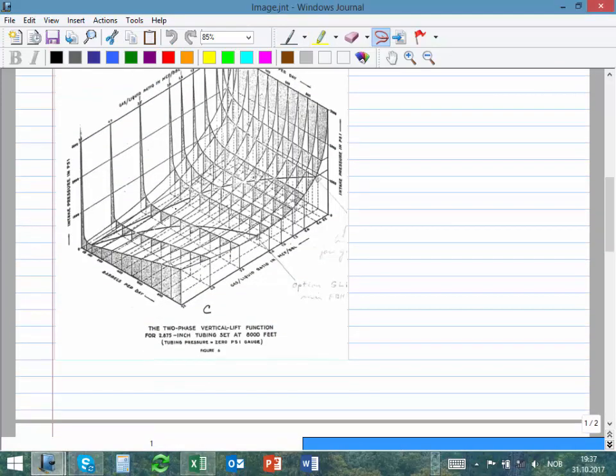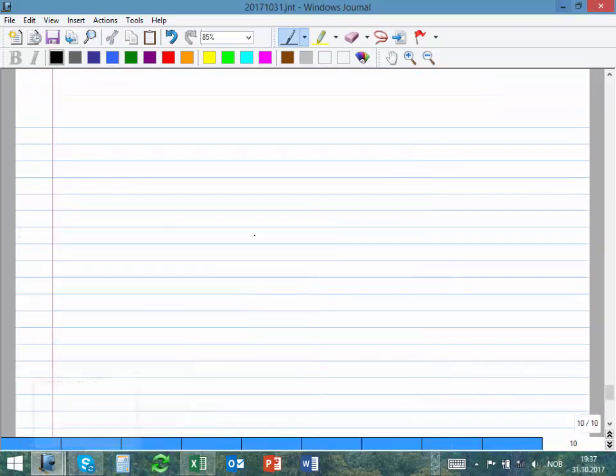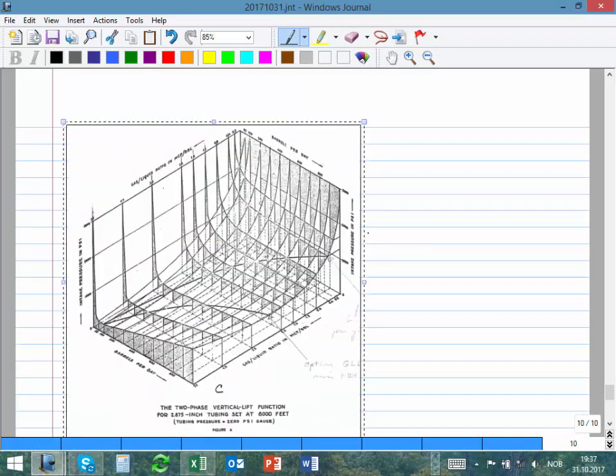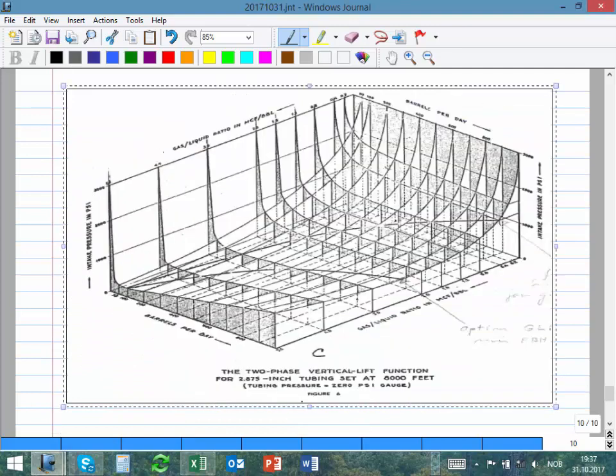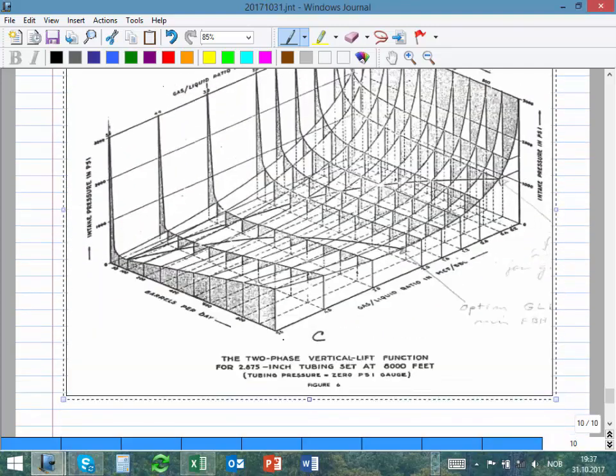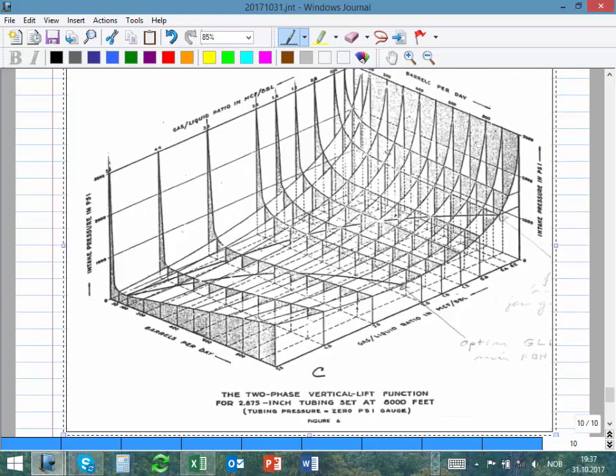So that's the curve that Gilbert showed in his famous paper of 1954. Let's try to make it bigger to see what it shows. Basically, that's the PWF, the intake pressure to the tubing, and that's the rate. You see it goes down and then starts to go up.